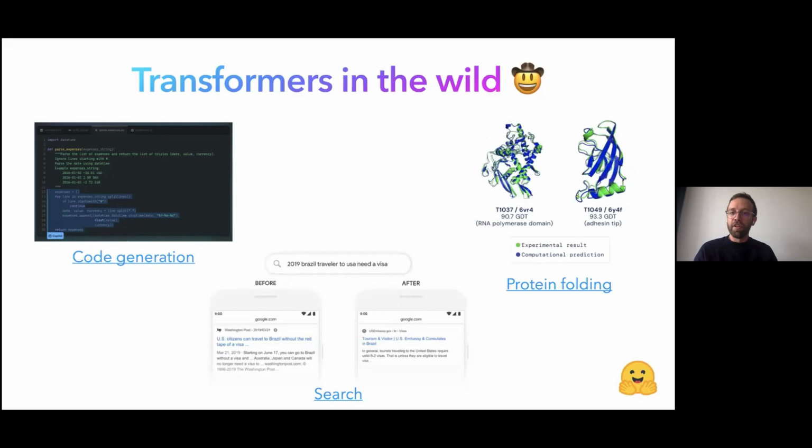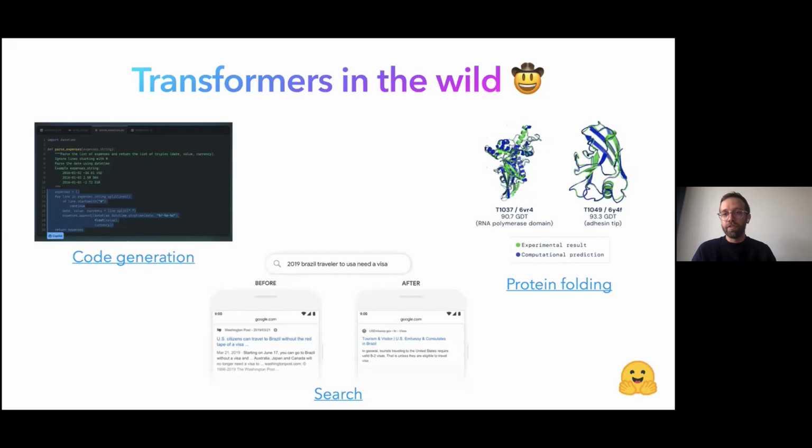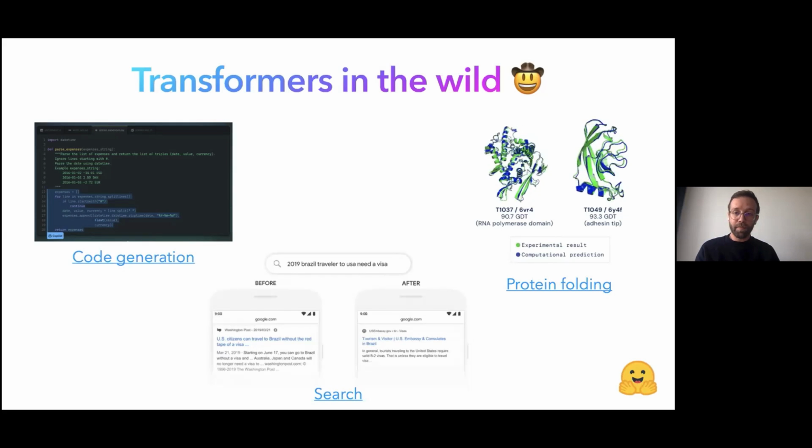It requires either really large computers to calculate how proteins will fold, or you need to do very expensive experiments. So the ability to use transformer models to predict protein folding without a supercomputer or an expensive experiment is a really big deal. And that's exciting research coming from DeepMind.